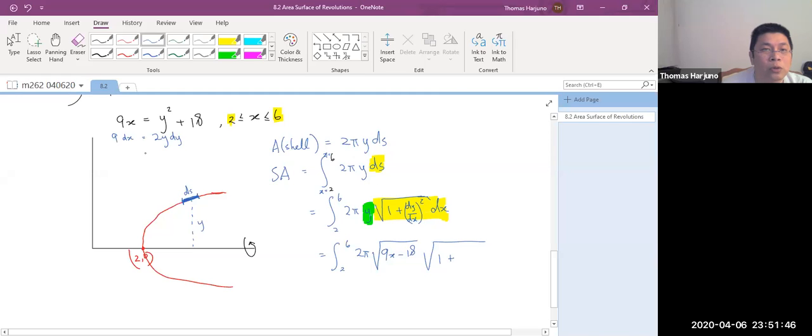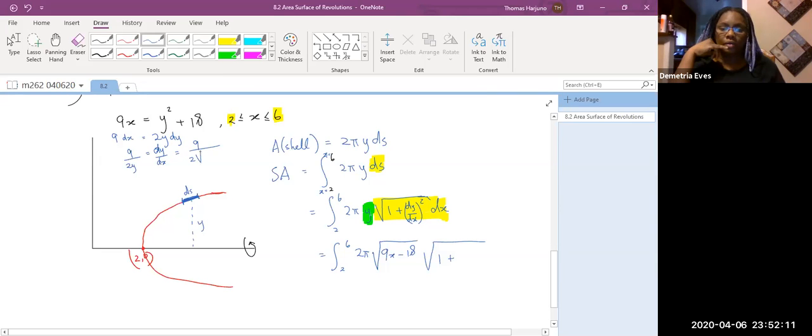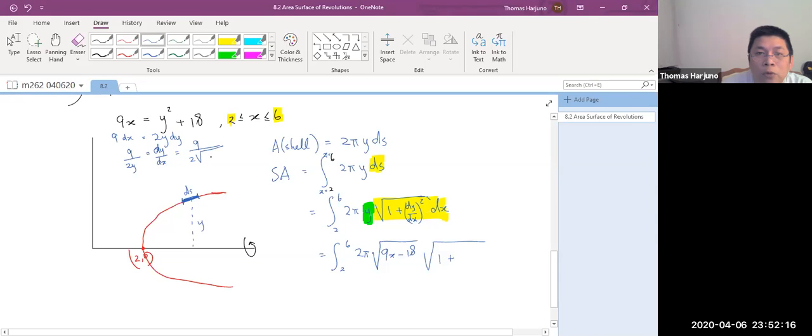So dy dx equals to 9 over 2y. So that will be, I don't have enough space. I should have more space. 9 over 2 square root of, what is my y again? 9x minus 18, like this.